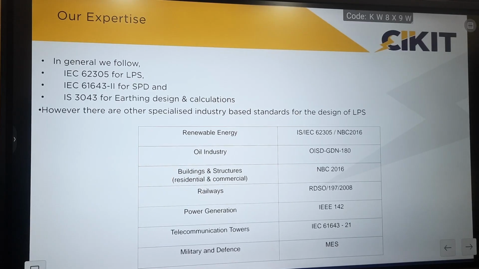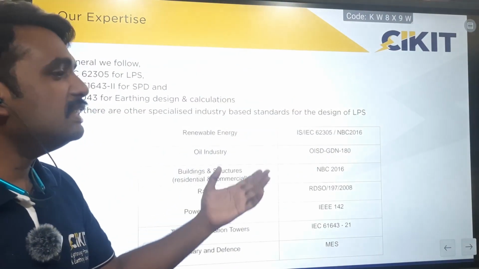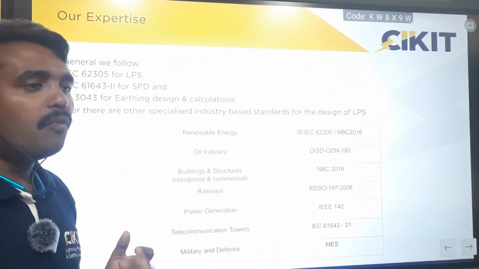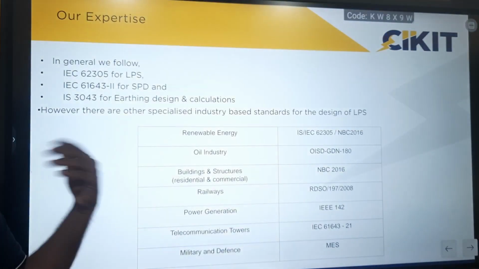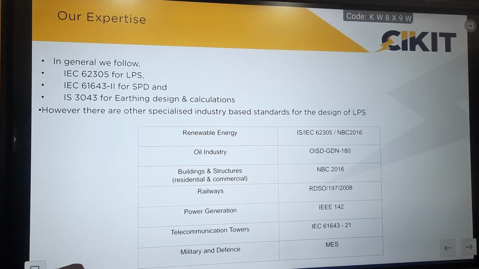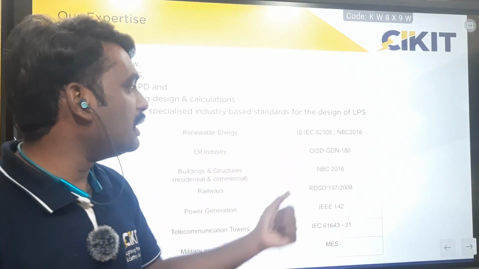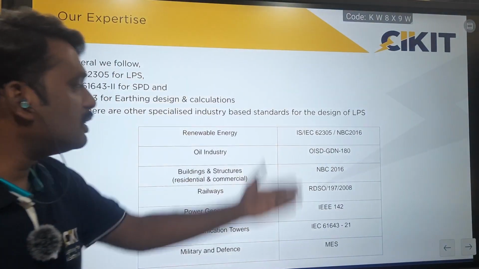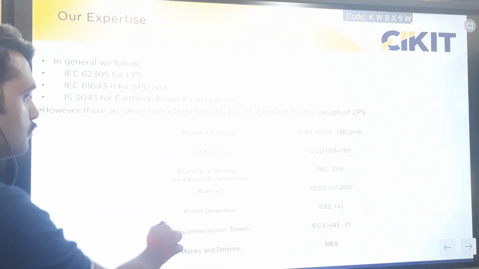For the oil industry, the Oil Industry Safety Directorate has published a set of rules for designing lightning protection systems for oil sites, because the risk due to lightning in those conditions is much higher. Apart from physical damage, lightning may result in explosion as well. So in the oil industry, we have to follow OISD GDL 180. These are some of the standards which we follow for different site conditions.